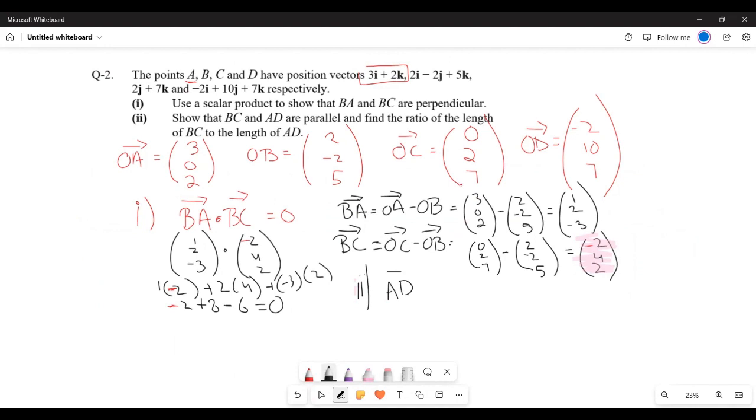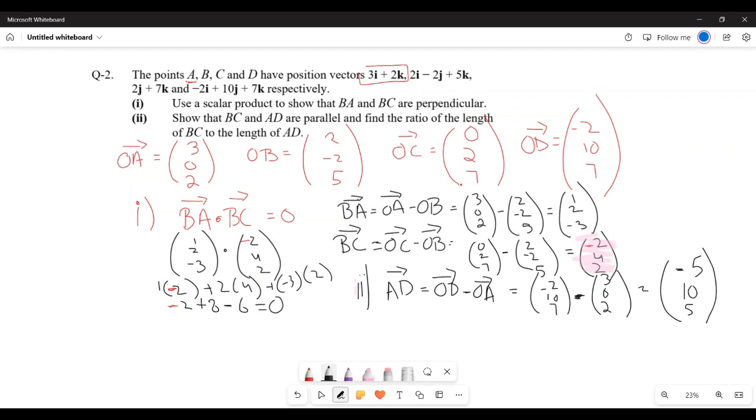AD would be OD minus OA, which is going to be minus 2, 10, 7 minus 3, 0, 2, which gives minus 5, 10, 5.